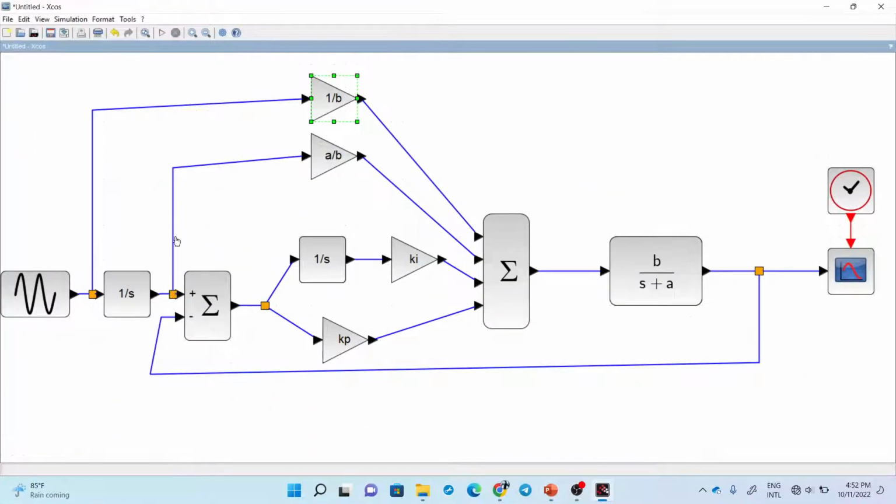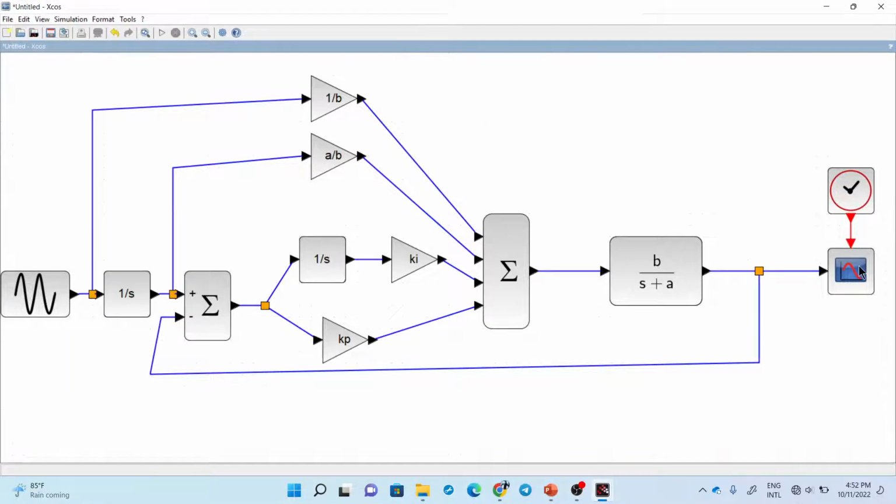See omega d here times A over B, and here before integrator it's supposed to be omega d dot, right? Because omega d dot integrate and then you get omega d. So here omega d dot times 1 over B, right?